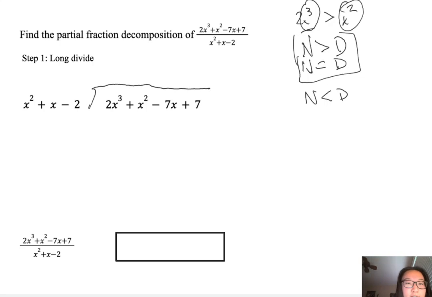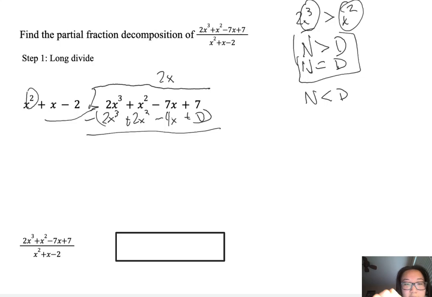I'm not going to go into detail, but we want to get x squared to equal 2x cubed, and that's how we're going to do it. We're going to multiply everything by 2x. So 2x cubed plus 2x squared minus 4x plus 0. Then subtract everything, and we should get negative x squared minus 3x plus 7.